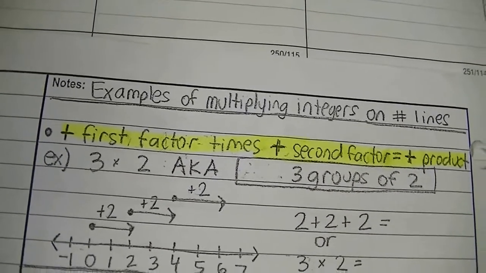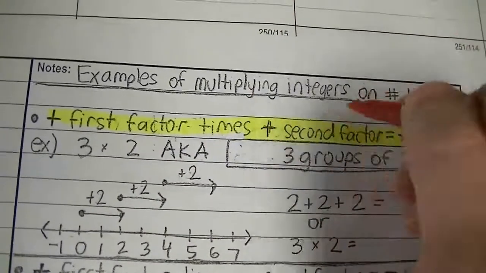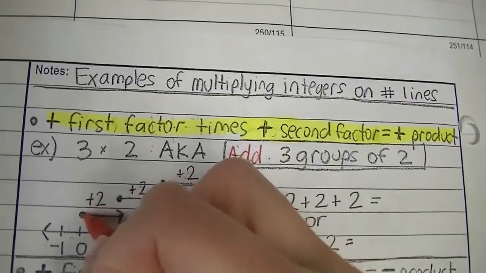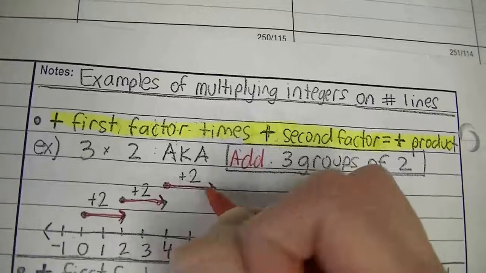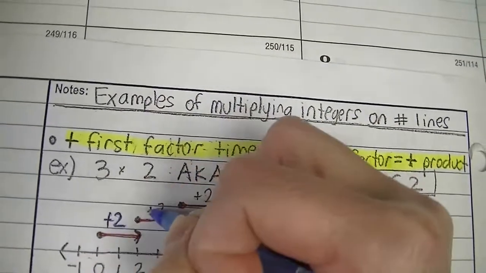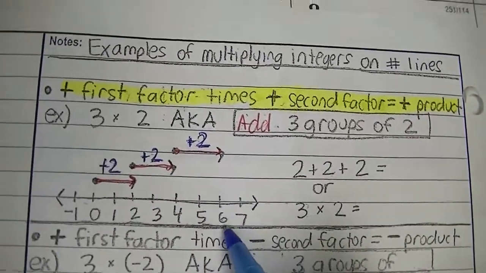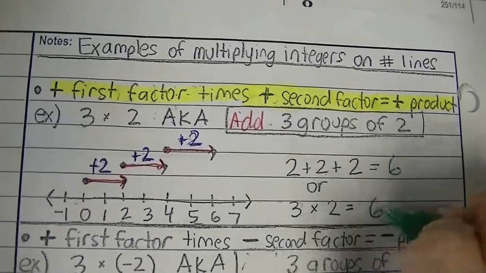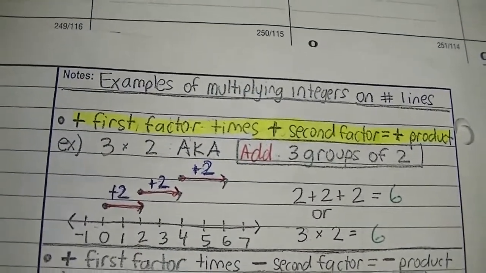So like this example right here, 3 times 2, which also means add 3 groups of 2. So here's a group, here's a group, here's a group, and they're all 2 units in length. So you're going to add 2 three times, and that puts you at 6. So 2 plus 2 plus 2 is 6, or 3 times 2 is 6. That one's pretty straightforward. A positive times a positive is going to give you a positive.